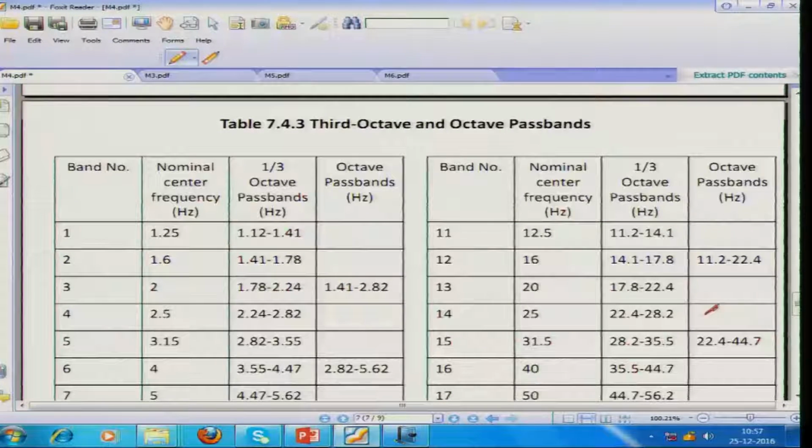Okay. With that understanding, let us look at this table.